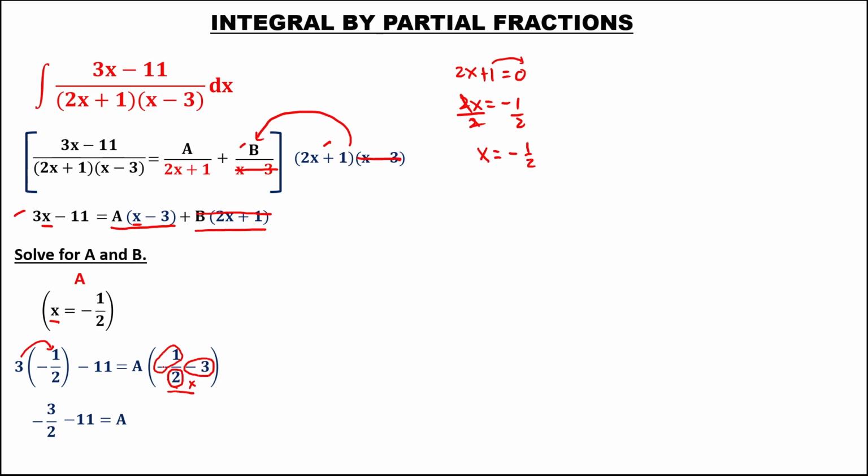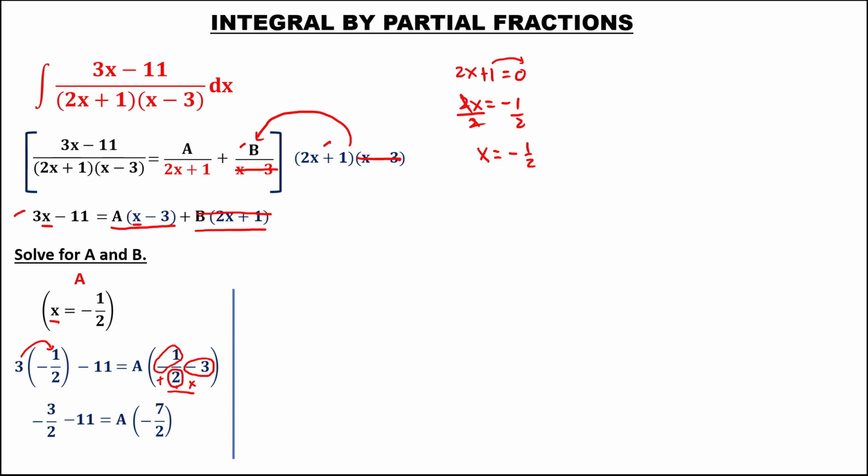So we have negative 6 plus negative 1. Since they are both negative, this is equal to negative 7 over 2. Just copy the denominator.